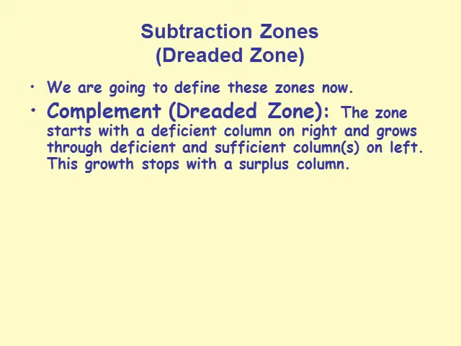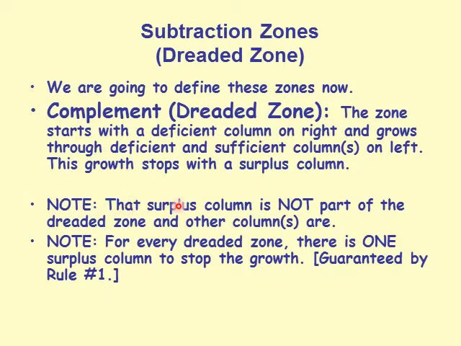At least the home team player is challenged and would need some help, and the zone grows through deficient and sufficient columns on the left. So it's not just the one column that's in the dreaded zone, it's all the other columns to the left which are deficient and sufficient. And this growth stops with a surplus column. As soon as we see a surplus column, this growth stops.